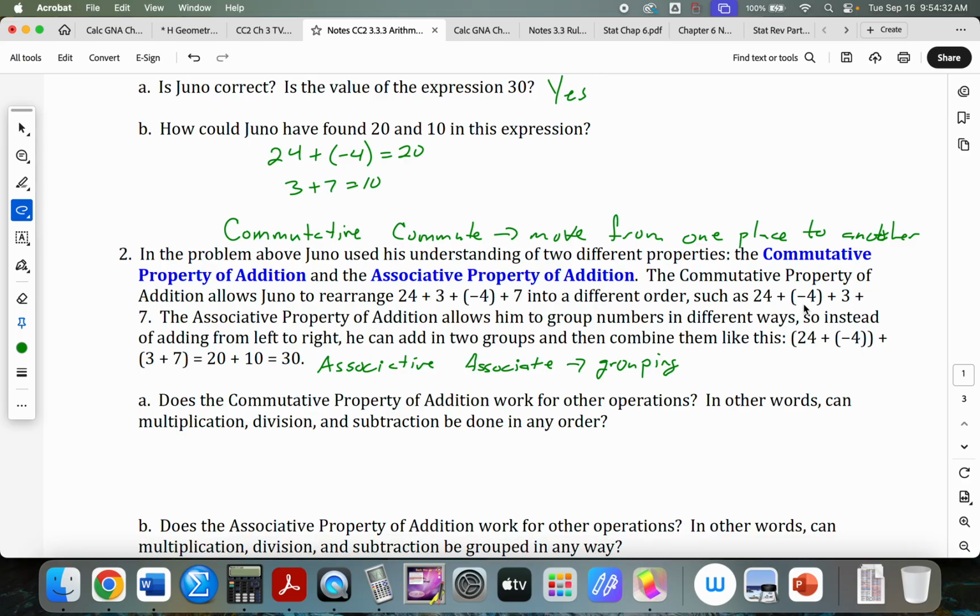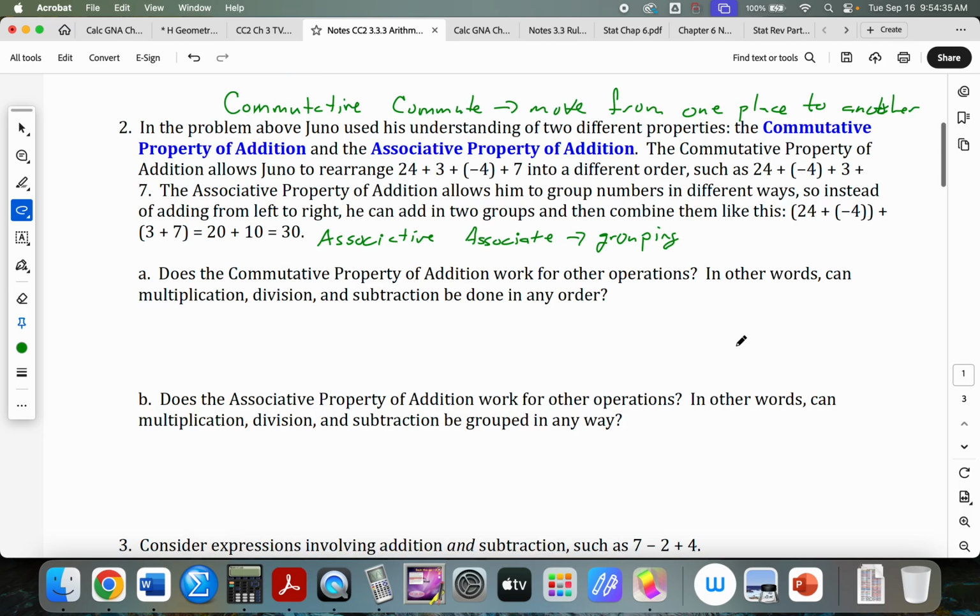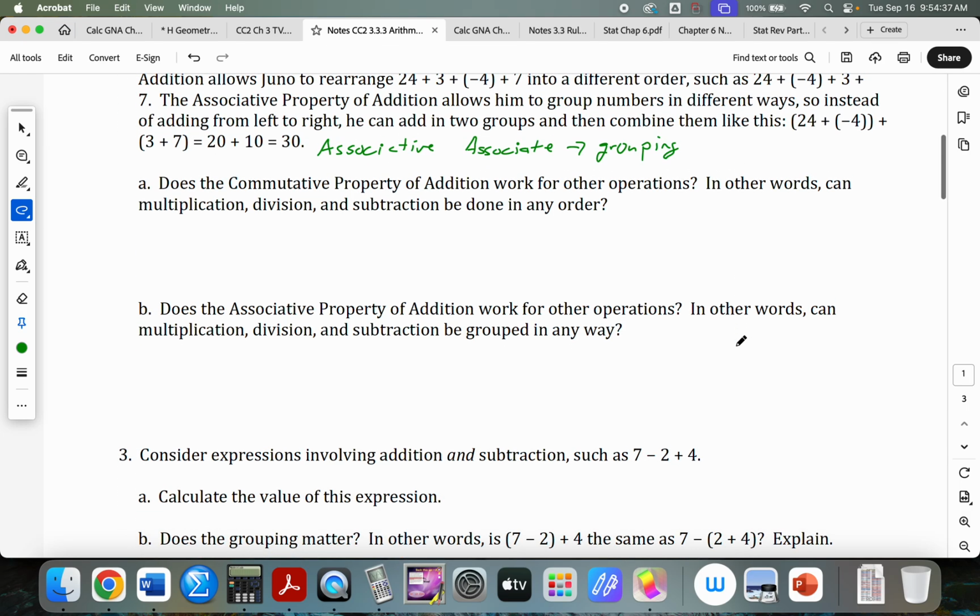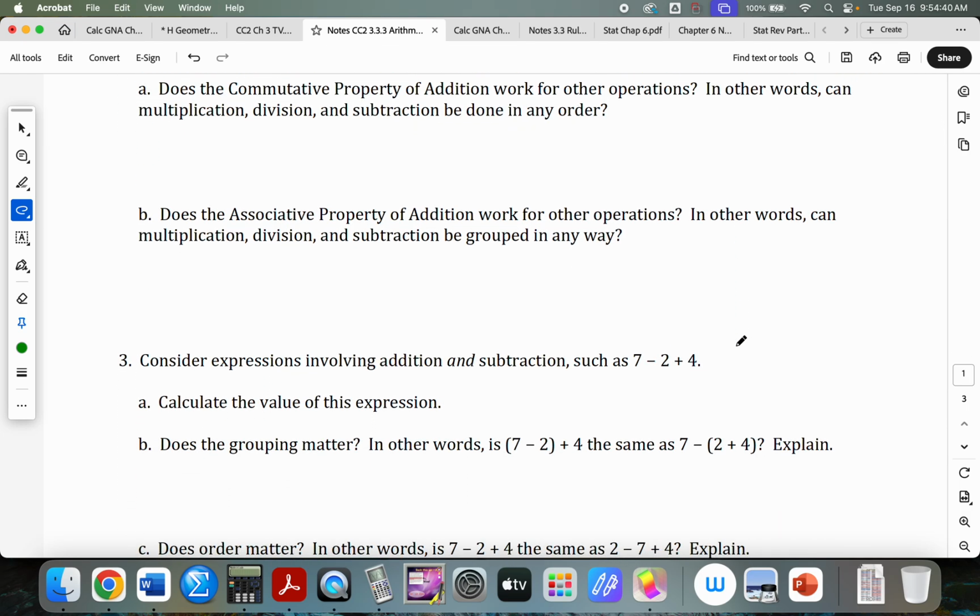So, a question, does the commutative property work for other operations? In other words, can multiplication, division, and subtraction be done in any order? I think it might just work for addition and maybe multiplication. So Quentin, what do you think? Multiplication. Yeah, definitely multiplication. 4 times 5 and 5 times 4, same thing.